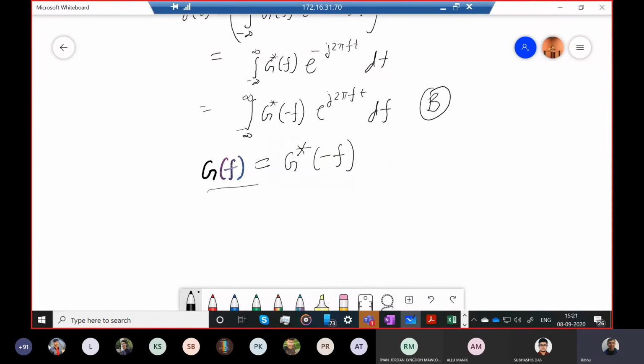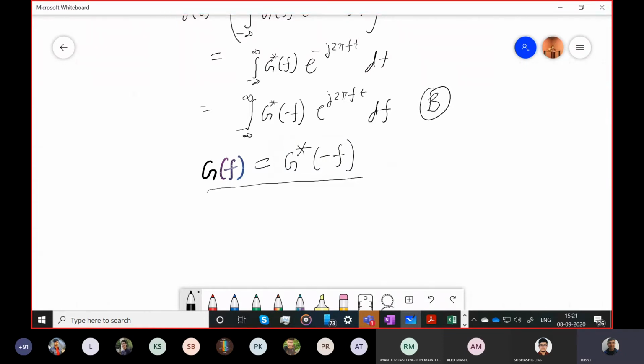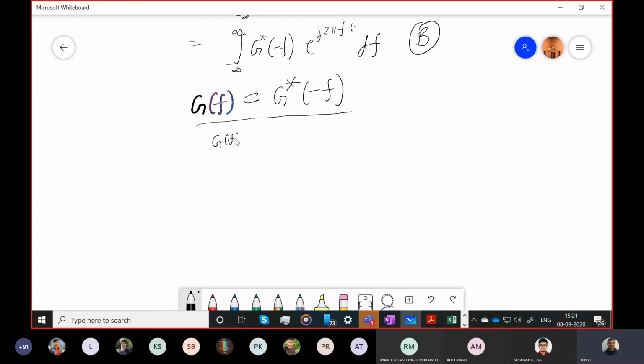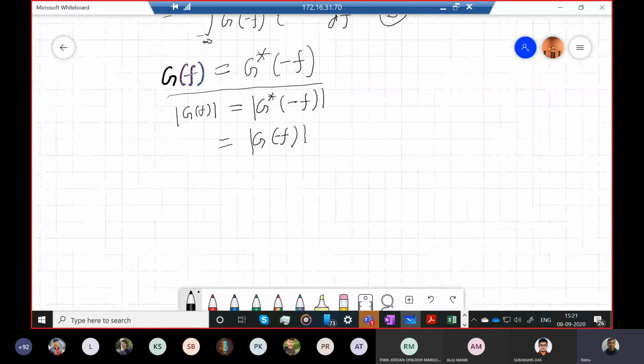Now we know that for real valued signals this property holds, and consequently |G(f)| equals |G(minus f)|, because the magnitude of a complex number and its complex conjugate is the same.